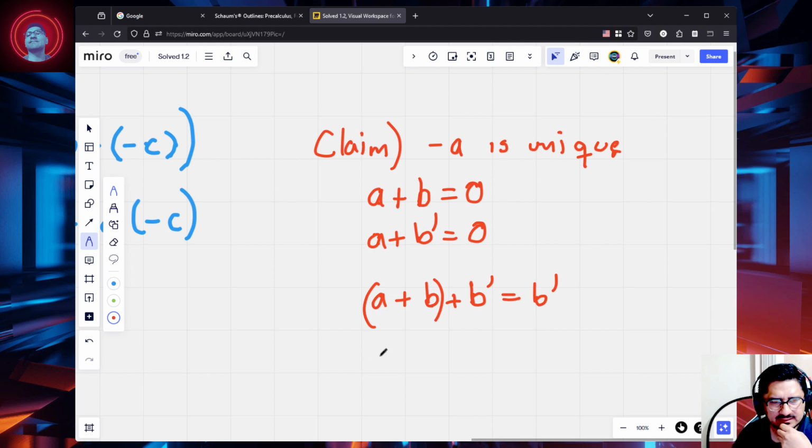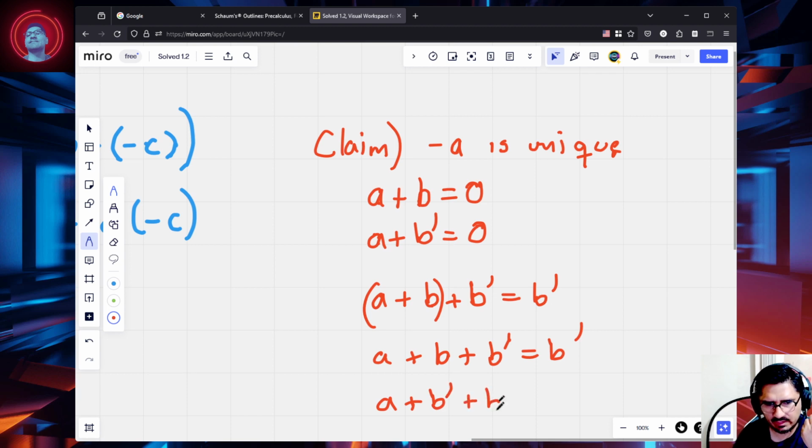Because of the association, we can just omit the parentheses for a moment. And we can use another axiom, the commutative property, so we can just change these two. But this one makes 0.